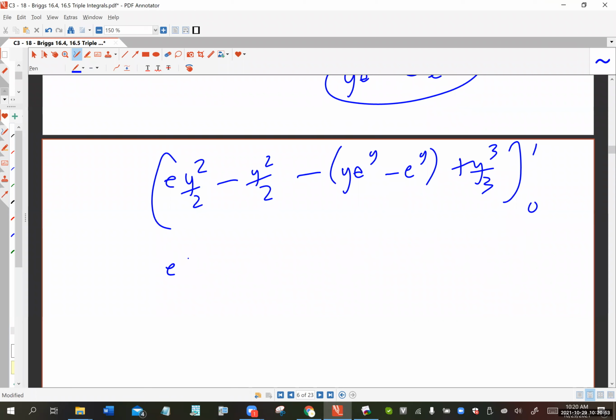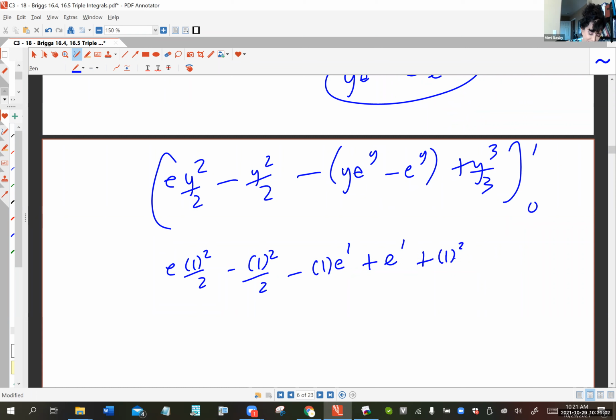And that's pretty easy. You're just going to put 1 in there. Be careful because the 0 might not do what you think it's doing. The first two terms will go to 0 when you substitute the 0, and this term will go to 0.